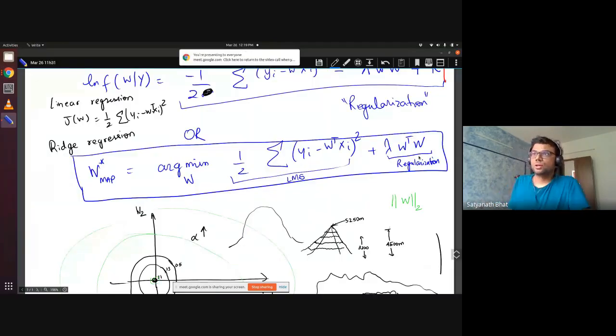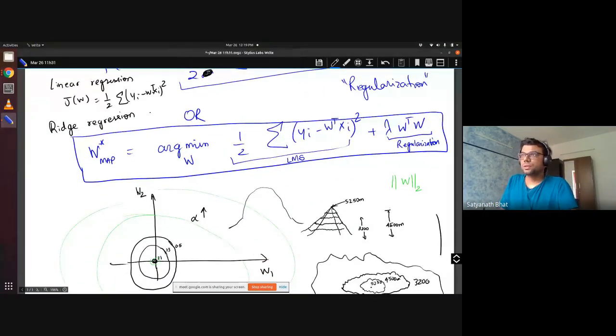So this is called ridge regression. The regularization term that we see is the 2 norm square. There is one more type of regularization, called lasso. In lasso regression, instead of using the 2 norm, you will have the 1 norm.